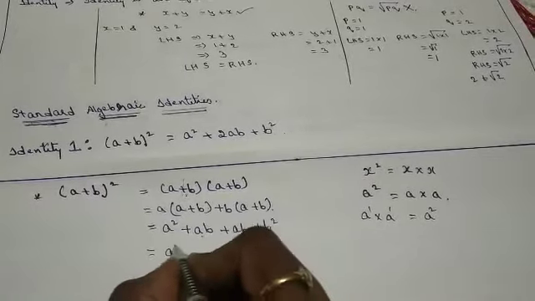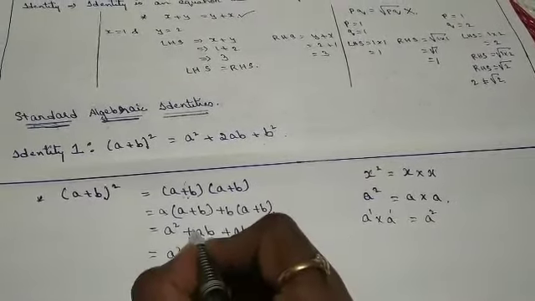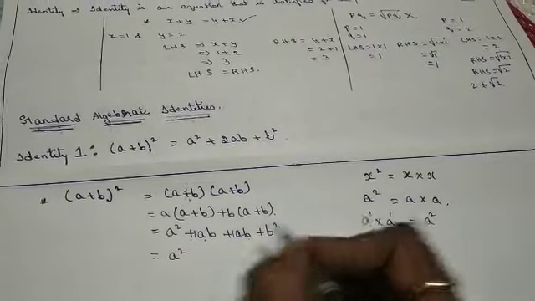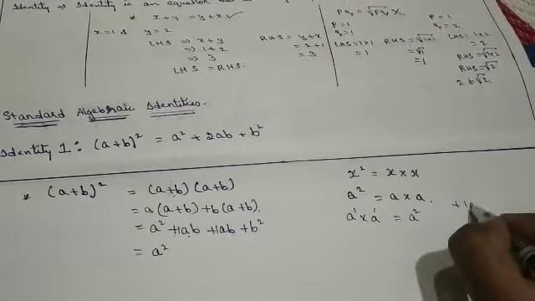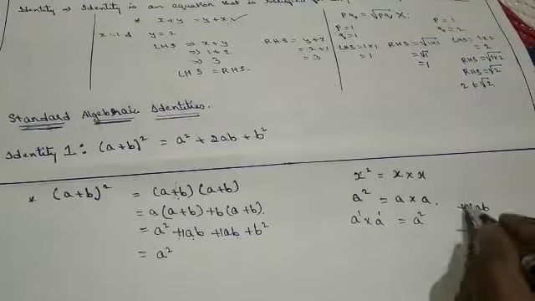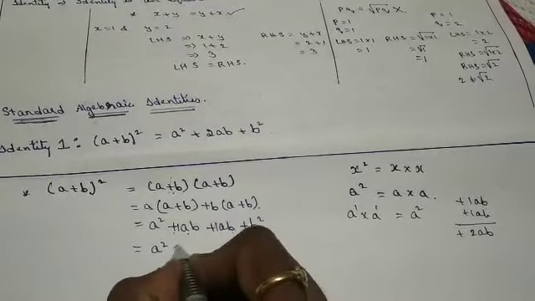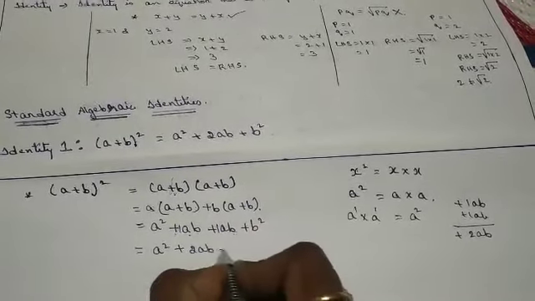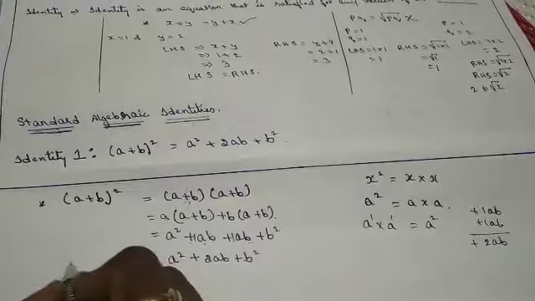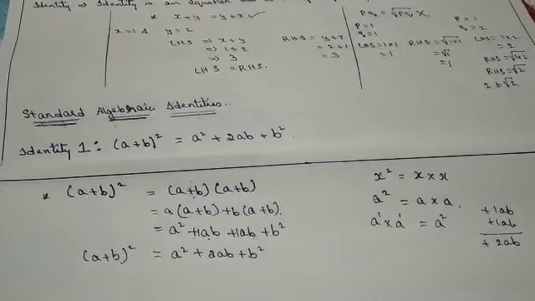A square plus ab plus ab, whose coefficient is 1. Plus 1ab plus 1ab, these two are like terms, so we can add them up, that is 2ab. So plus 2ab plus b square. So a plus b whole square is nothing but a square plus 2ab plus b square.